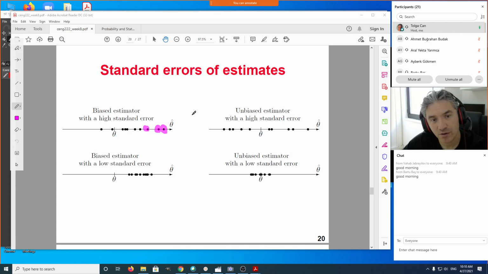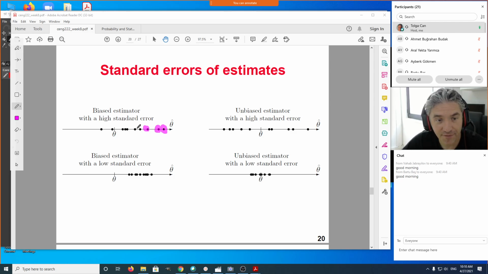You can compute the sample standard deviation of this theta hat, and if the values are dispersed like this, it means you have a high standard error. Sometimes it's as large as this one, sometimes as small as this one. It's all around the place, which means theta hat has a high standard error.